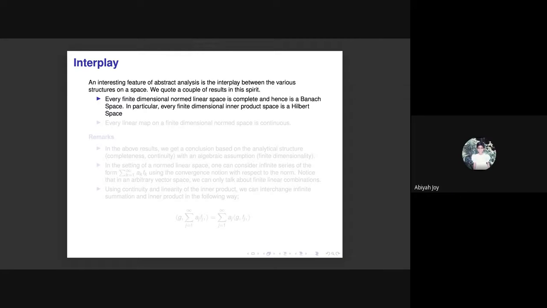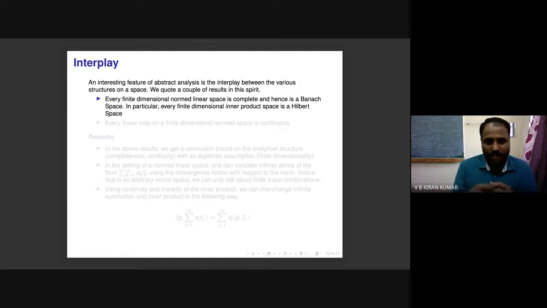Yes, sir. Okay. And as I mentioned, it's an interesting feature of abstract analysis that it is the interplay between various structures on a space. So now these are a couple of results which I mentioned yesterday also. Every finite-dimensional normed linear space is complete, hence it's a Banach space.